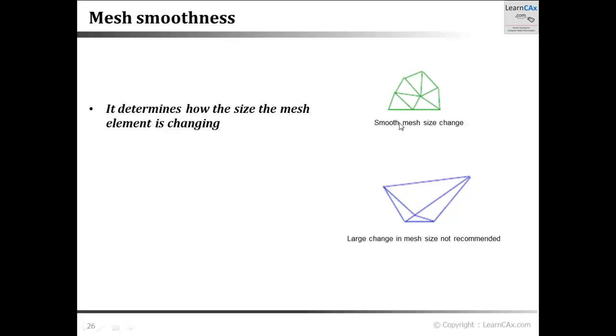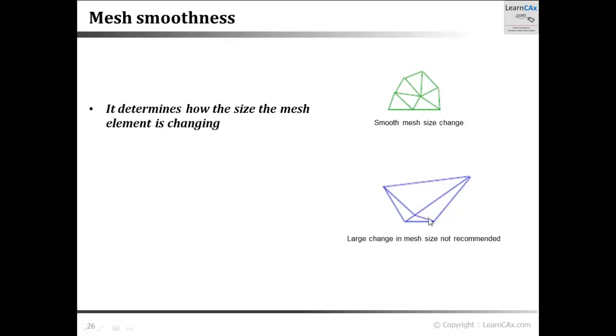So smooth change means the cell adjacent to a particular cell has approximately the same size, or is just increasing by a ratio of 1.2, or 20%. If we see this particular mesh, it consists of a large number of triangles, but adjacent triangles have approximately the same shape, or the size is increasing by about 20%.